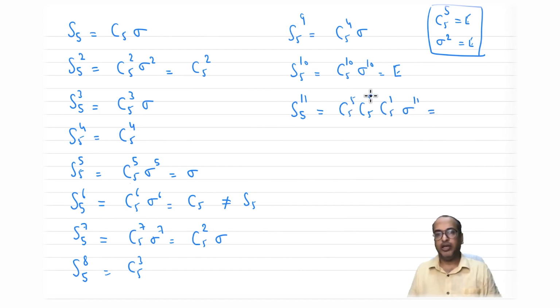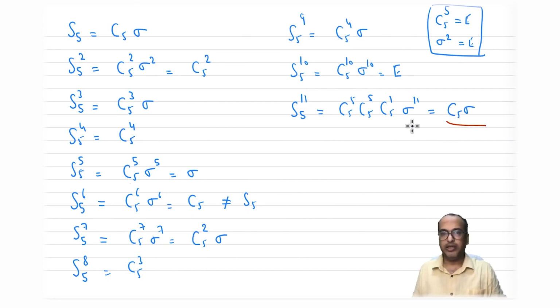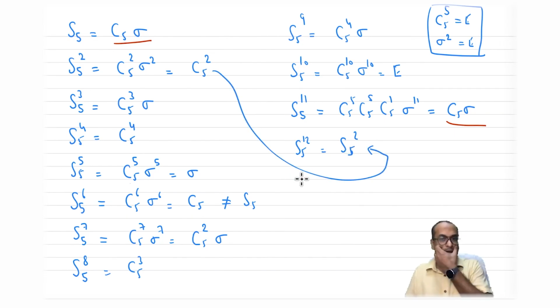So this is E, E. Now we have C5 and sigma. Now if you notice, this is a redundant operation, right? C5 sigma, C5 sigma. Now if you go with S5 12, you will notice that this will be equal to S5 2. You can do this yourself, and you will get this back over here. Right? Okay.